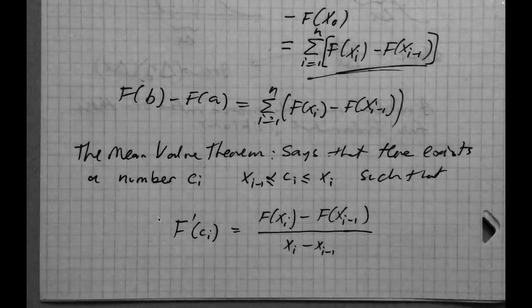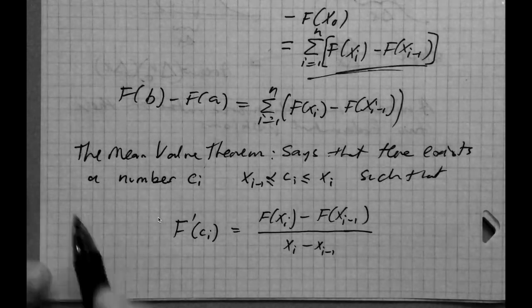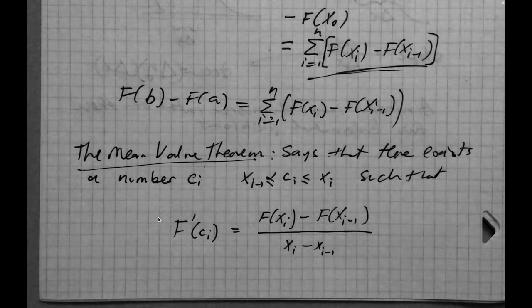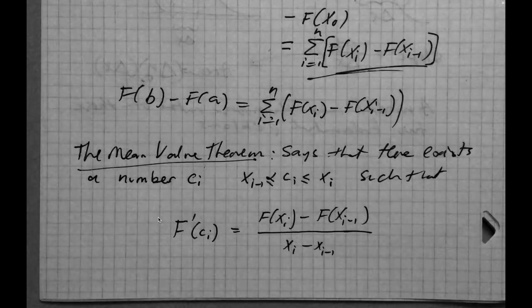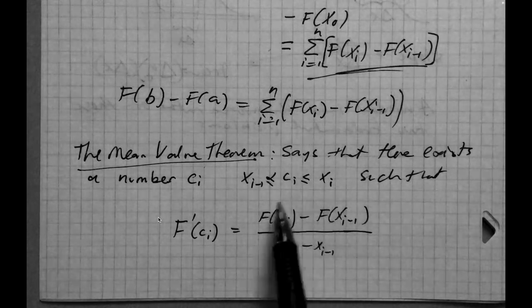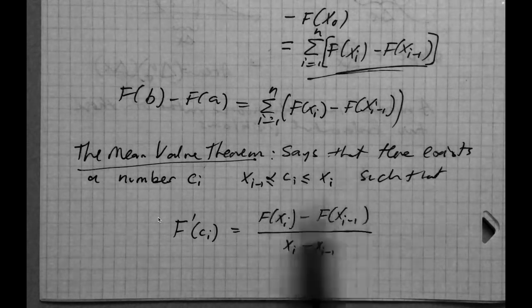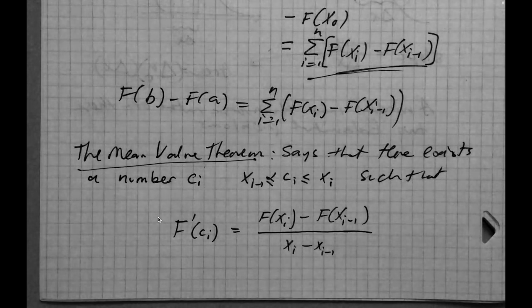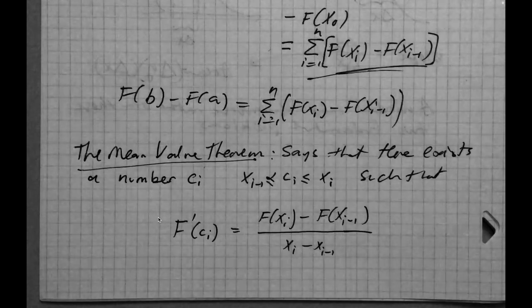You may have to pause the video and double check what the mean value theorem says, but nothing fancy here. This is just a straight interpretation of the mean value theorem. Between any two real numbers, if the function is continuous, there's going to exist another real number such that this relationship holds. Okay, so very good.